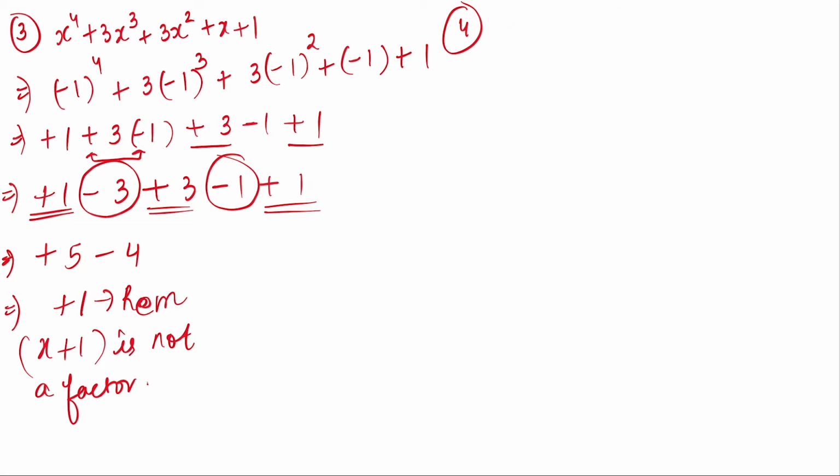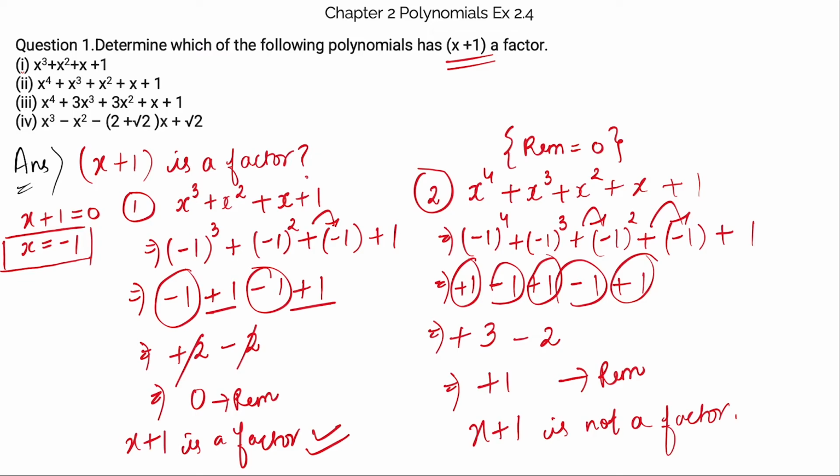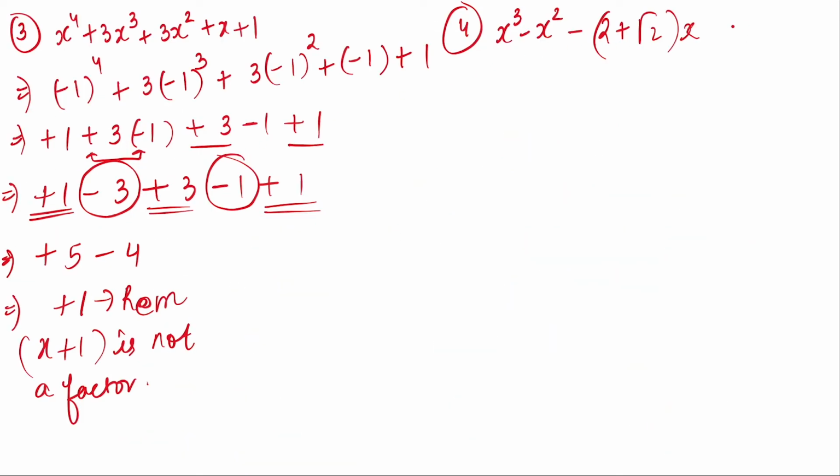Now the fourth part, this is the last part. Putting x equals to minus 1 again, minus 1 cube, minus 1 square. Now opening the bracket and also putting the value.